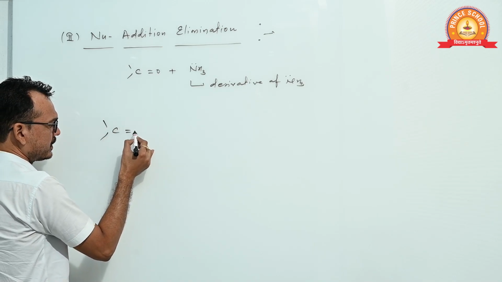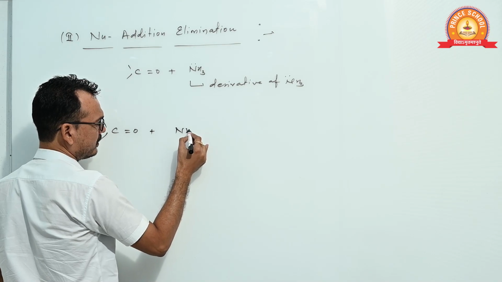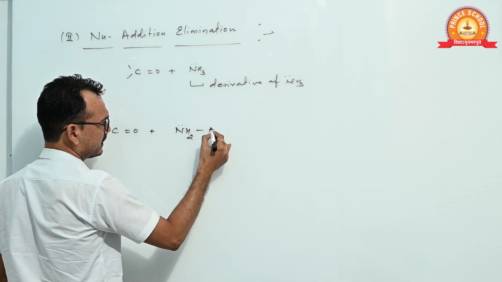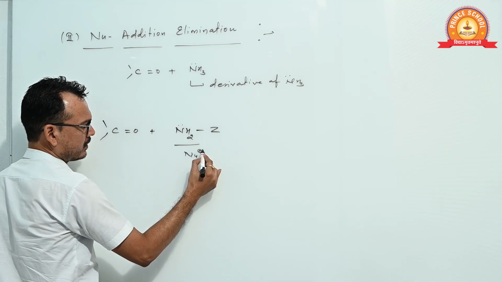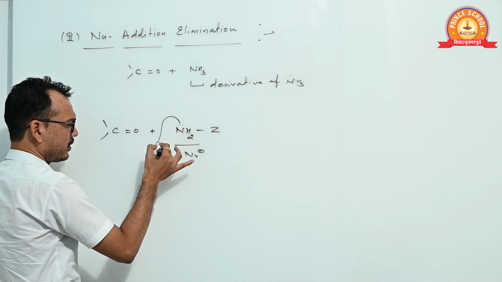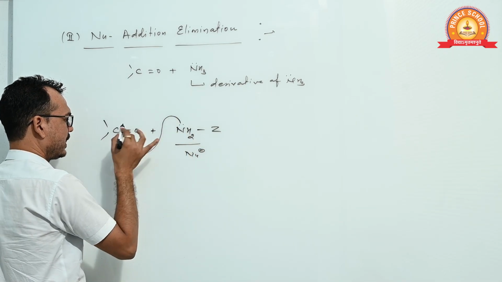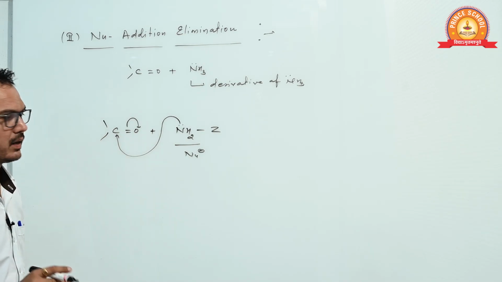Suppose there is a carbonyl compound reacting with a derivative of ammonia, say NH2Z. This is the nucleophile, but we know it is a poor nucleophile. The lone pair of electrons attacks that carbon atom and the electron density transfers to the oxygen atom.